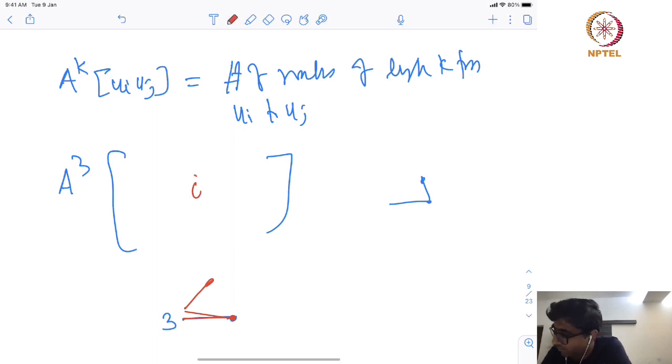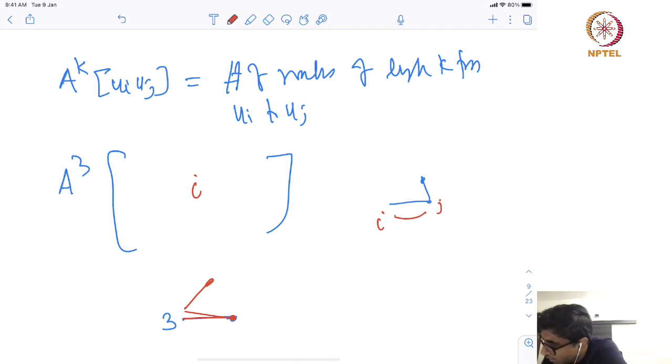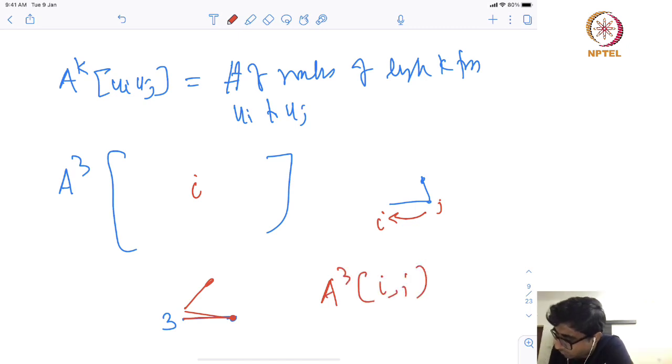Okay, so look at a vertex i and look at a walk of length 3. So I start at i and go to j, some other vertex, because there are no self loops. But now where can I go? I can either come back to i, but then that's not a walk of length 3 which starts at i and ends at i. So what are we looking for? We are looking for A cube i comma i, those walks which start at i and end at i.